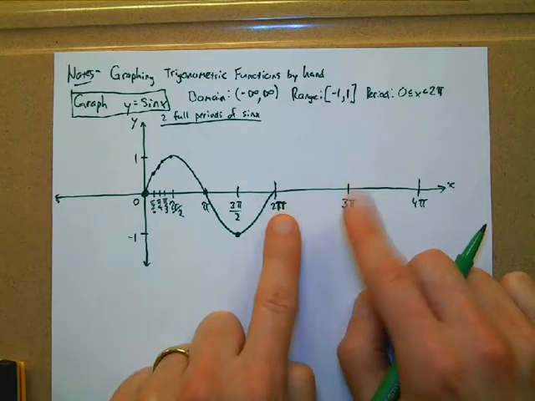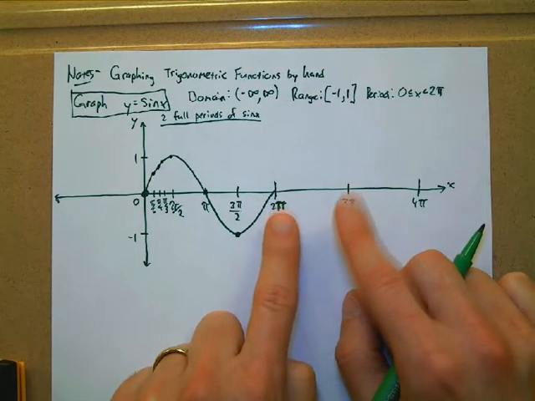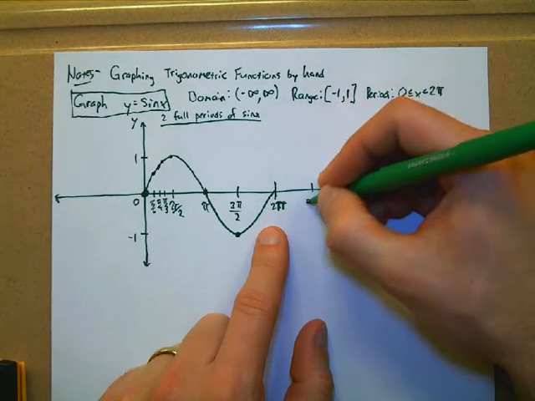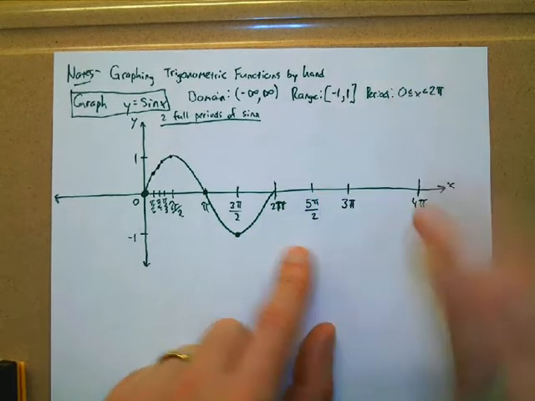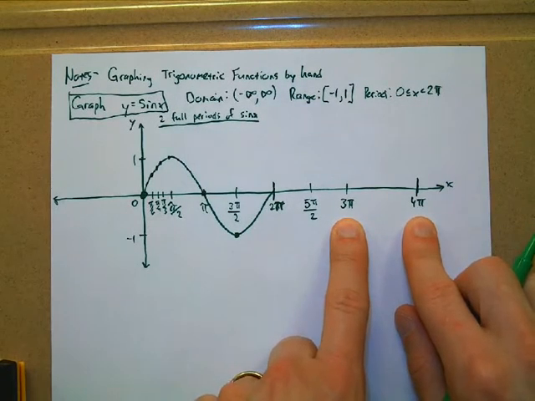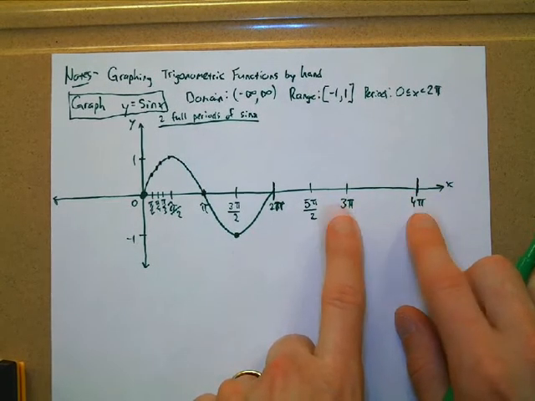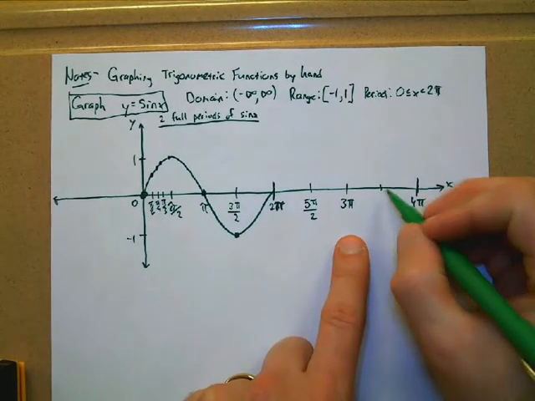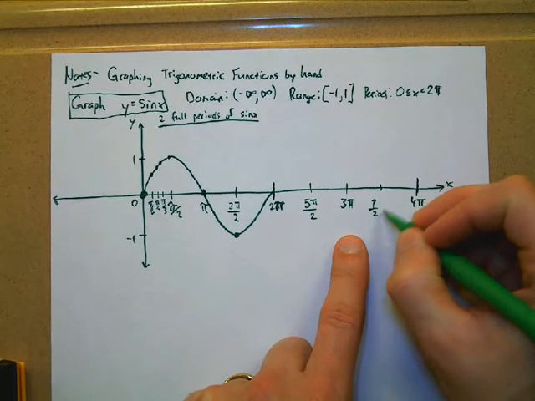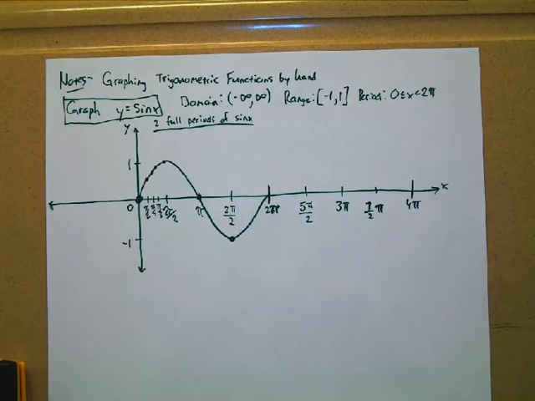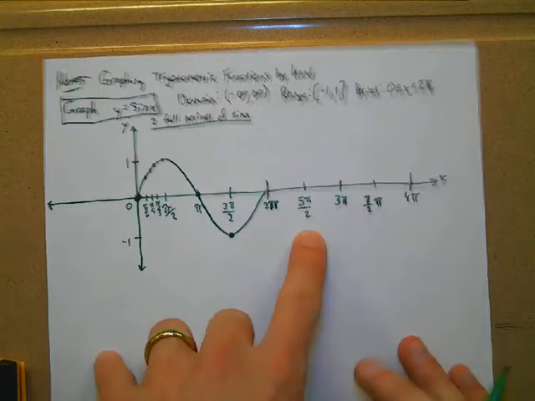And halfway between 3 pi and 4 pi: halfway between 3 and 4 is 3.5, or 7 halves, so 7 pi over 2. Sine of 5 pi over 2 is coterminal to pi over 2, so it's the same as sine of pi over 2, which is 1. So you get a 1 there.